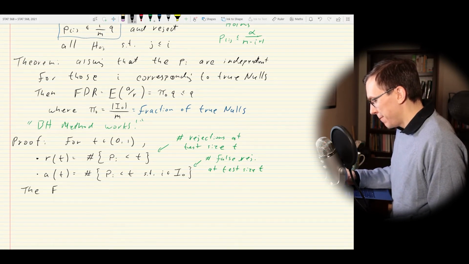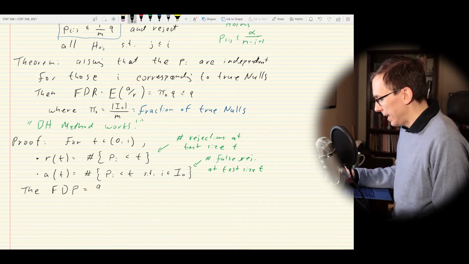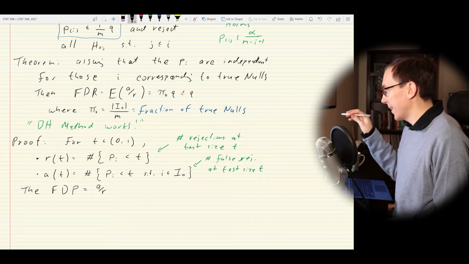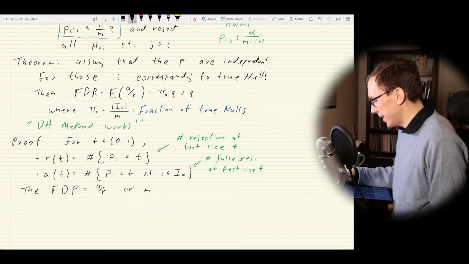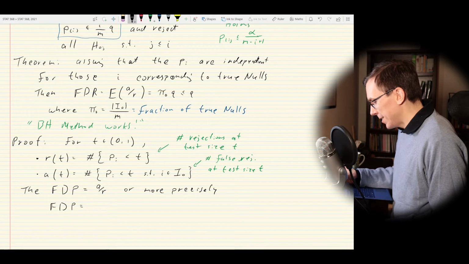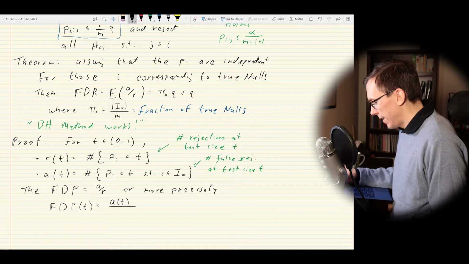The FDP, or false discovery proportion, is just going to be A over R, or, more precisely, in our case, the false discovery proportion as a function of t is going to be A_t divided by the max of R_t and 1.